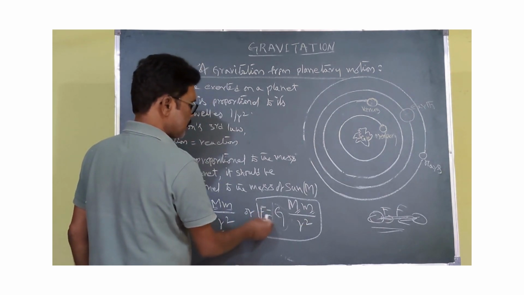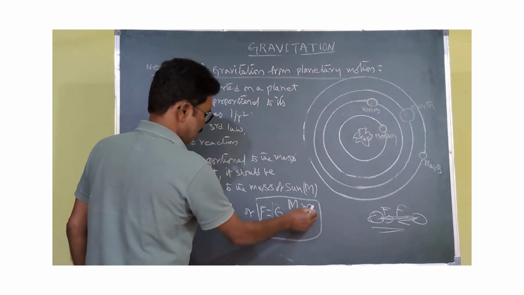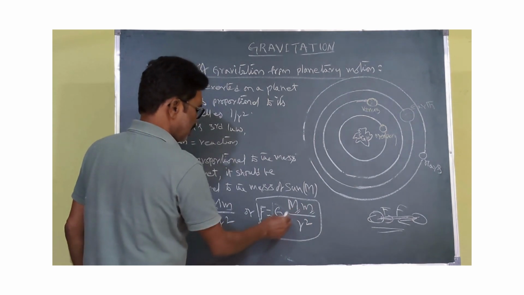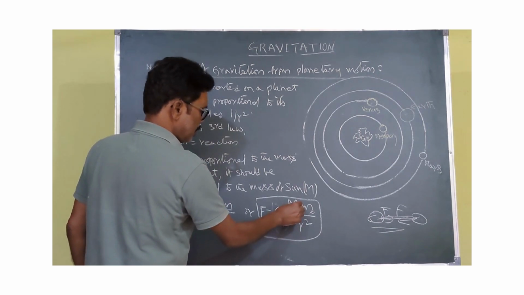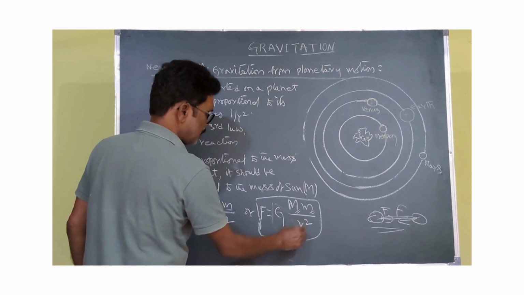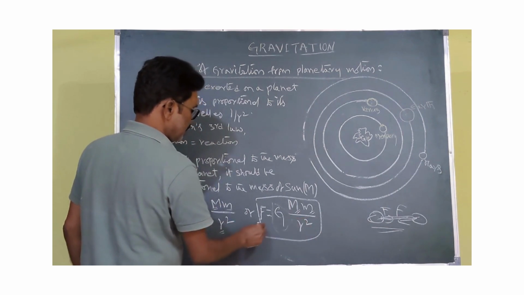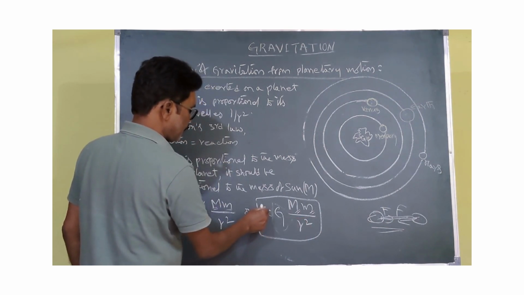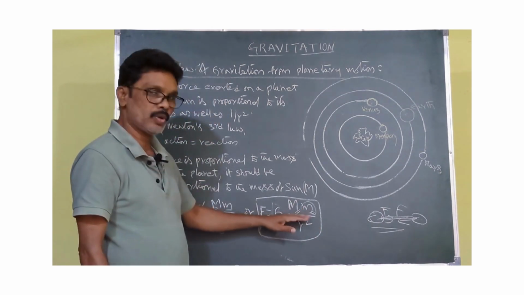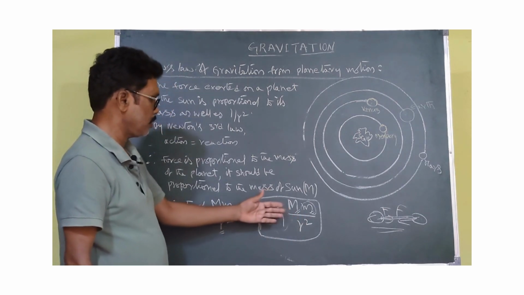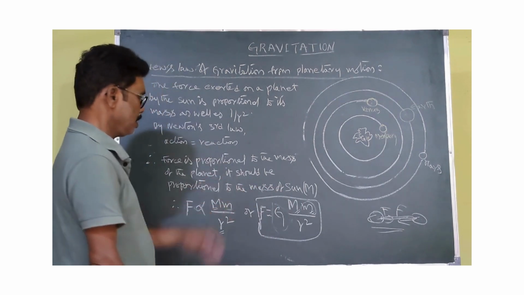Otherwise, if you want to calculate the mass of any planet, we know the gravitational constant value and the Sun's mass, and if you know the distance and the total force, you can calculate the mass. Like this, you can derive so many equations.